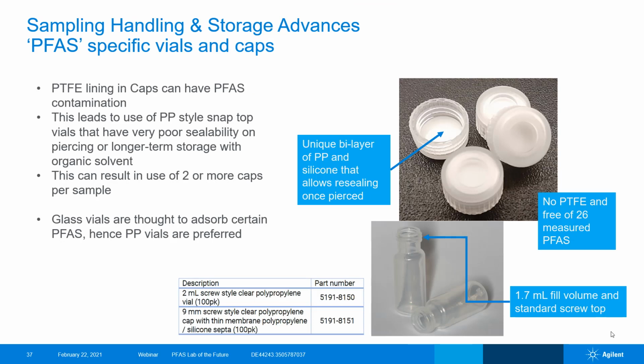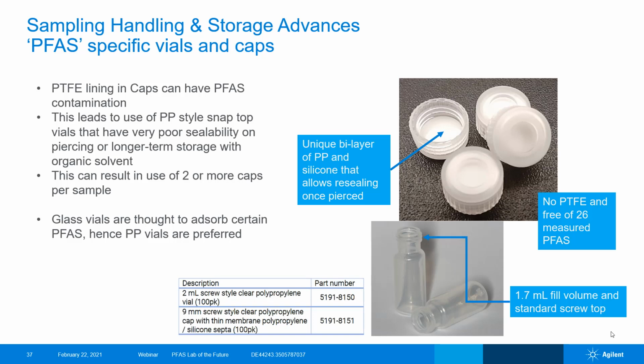Now, it's not just about sample preparation in terms of optimizing throughput. Sample handling and storage advances can be a big benefit as well, and it's not always the big things that make a big difference. Small stuff in your workflow can make a big difference as well. For example, PTFE lining and caps can have PFAS contamination, and so you can contaminate your samples by piercing PTFE septa.